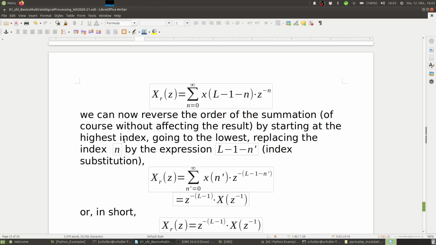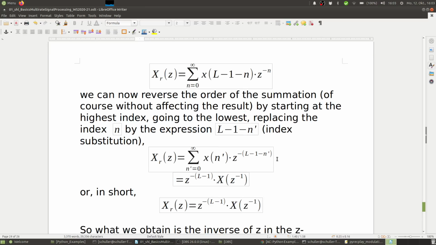So n is replaced by L minus 1 minus n prime. So now n prime basically goes backwards. And that means we flip this and then we flip it again. And then we have this n prime. So this goes forward again, but now we have the flipping here in the exponent.